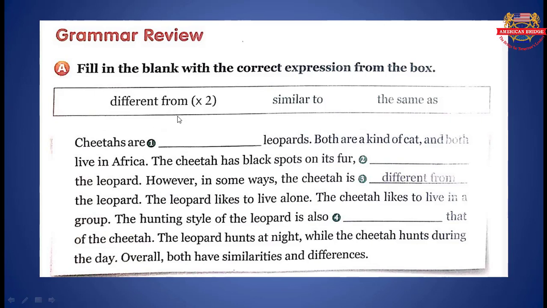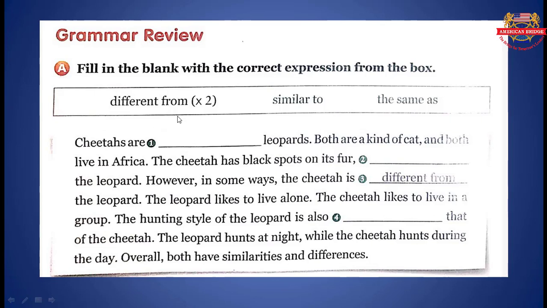The leopard likes to live alone. The cheetahs like to live in a group. The hunting style of the leopard is also ___ that of the cheetahs. The leopard hunts at night, while the cheetahs hunt during the day.